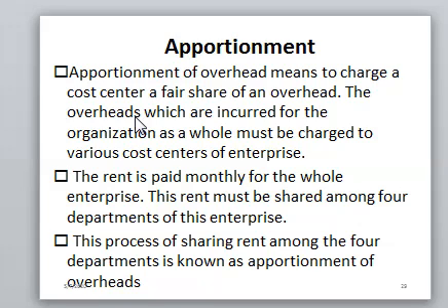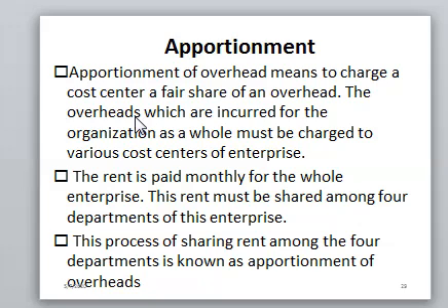Remember, we are looking at allocation and apportionment. So if an overhead is direct, you can just assign it to the cost center where it belongs. But if the overhead is indirect, then you need to apportion. Apportion, you are trying to divide the overhead among different cost centers. You may find that you have 5 cost centers, but those 5 cost centers are supervised by one person.